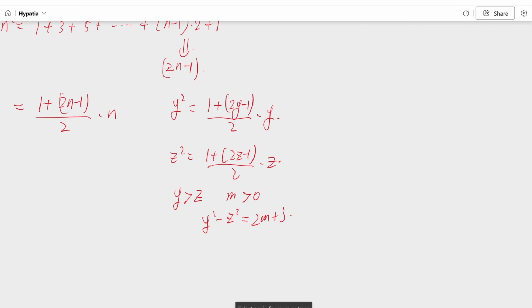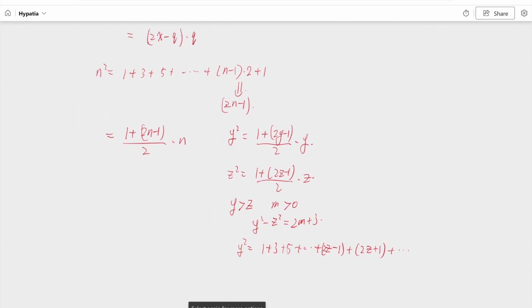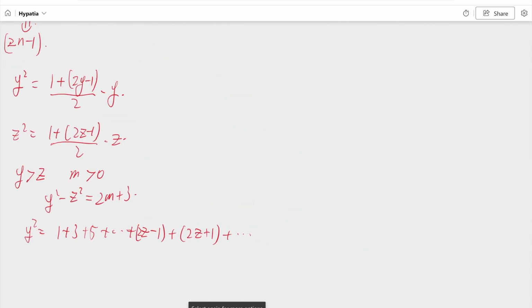Then we are going to list a series of y squared and z squared to compare. So we write y squared equal to 1 plus 3 plus 5 plus dot dot dot up to 2z minus 1 bracket, plus 2z plus 1 bracket, then dot dot dot to the biggest number 2y minus 1.